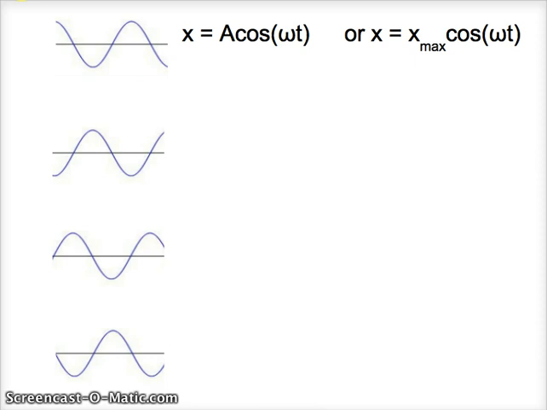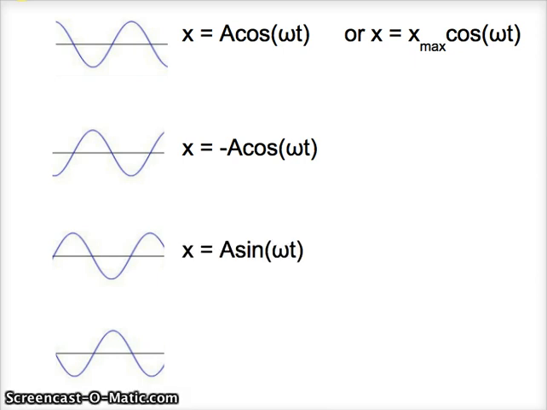But if instead we pulled the object down, we could introduce a phase constant. But instead, what we could do is just switch to a negative cosine graph. Just flip the graph over. And so rather than always thinking about that value of phi, this is another way of approaching a problem. Or if maybe our object was started at the equilibrium point and we just gave it an upward push, then that would correspond to this third graph, and that is a sine curve.